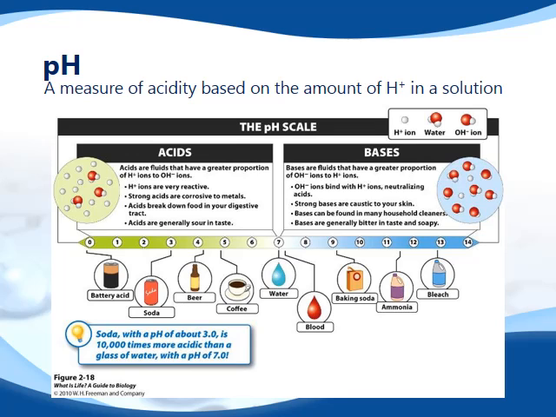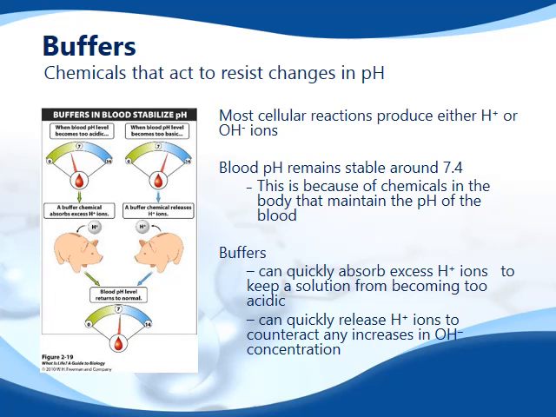pH is a measure of acidity based on the amount of hydrogen-positive ions in a solution. So, for example, stomach acid has a pH between 1 and 3. Acids are shown on the pH scale as being from 0 to 6.